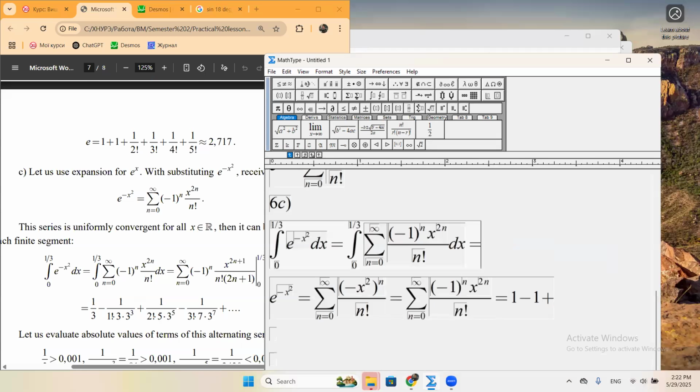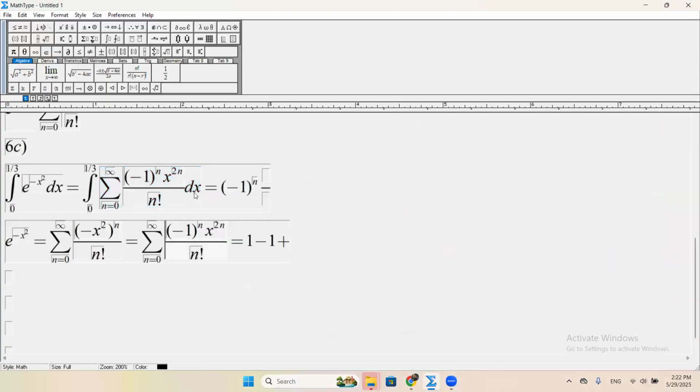And now let's integrate. So it is a power function. So what do we have? Minus 1 to the power of n. Okay, let me first of all simplify it. And for better understanding, I will move the integral under the sum. So like this.